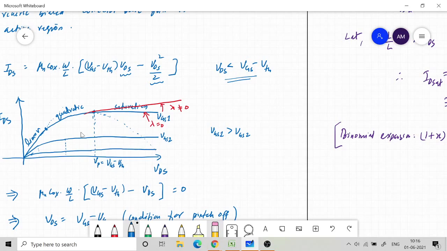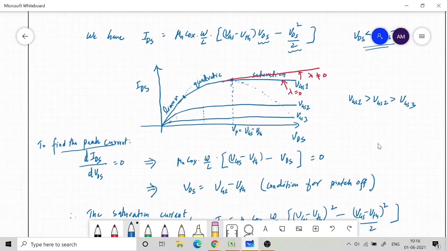Okay, so this is VGS3, which is even less than VGS2. So this is the multiple curves that we have seen. Now we have the value of VGS, and then the transfer characteristics we can draw very easily.